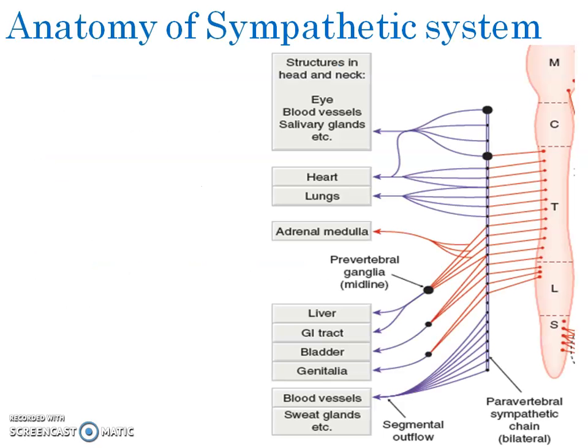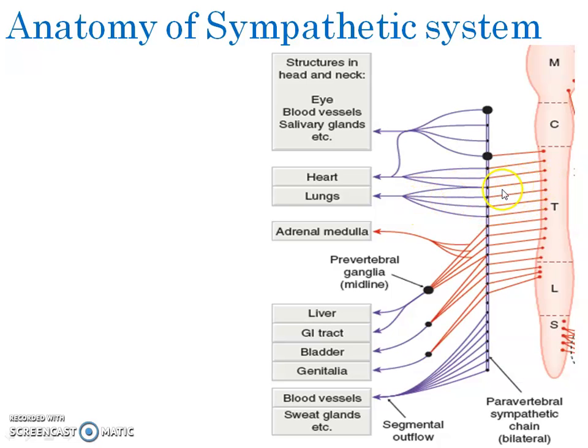And going to the anatomy of the sympathetic system. As I have already said, they originate from the thoracolumbar region. And autonomic nervous system is a two-neuron pathway. It has a preganglion and a postganglion, right? That is before the synapse and after the synapse.